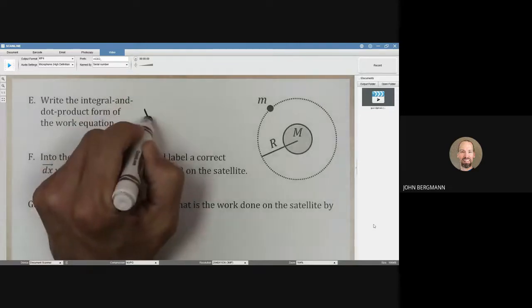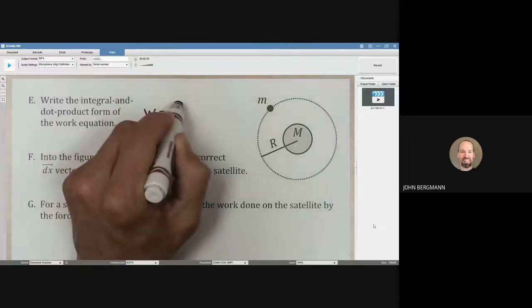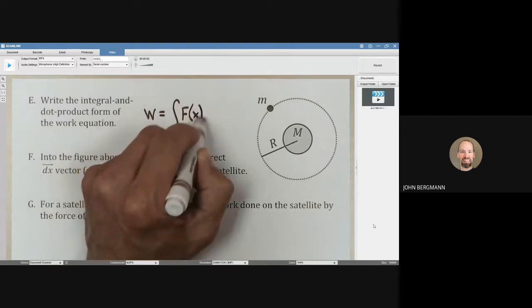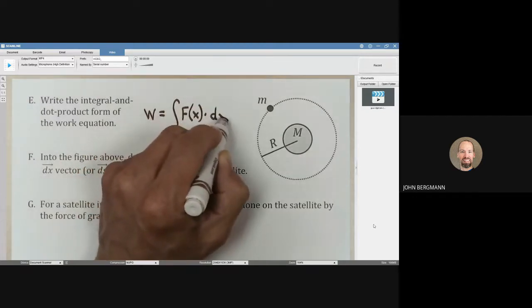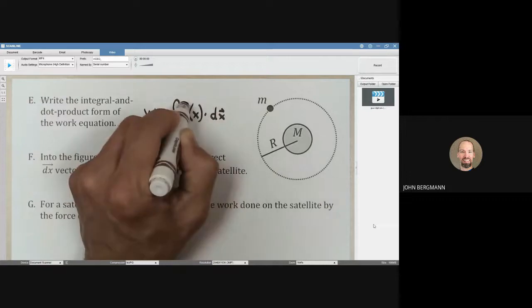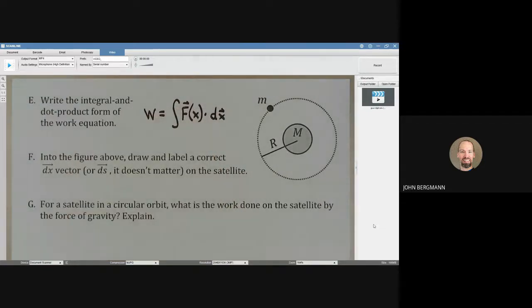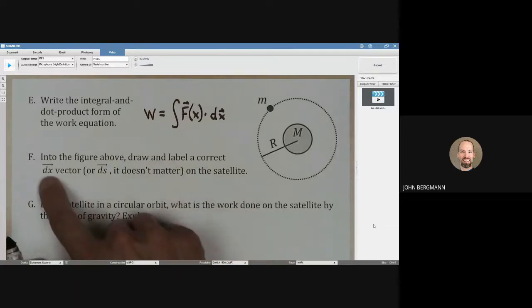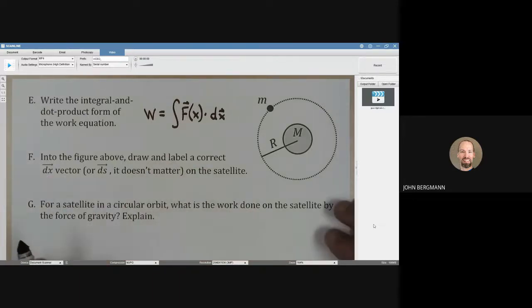So this is review here. Work, we might remember, is the force at any particular position dotted with a tiny little displacement, and then we add those all up. Into the figure, draw and label a dx vector, or ds, it doesn't matter.